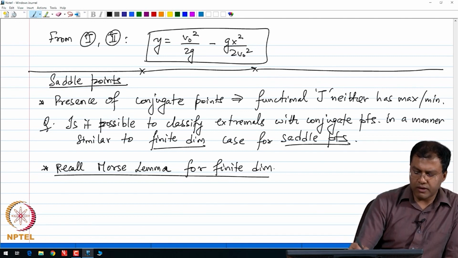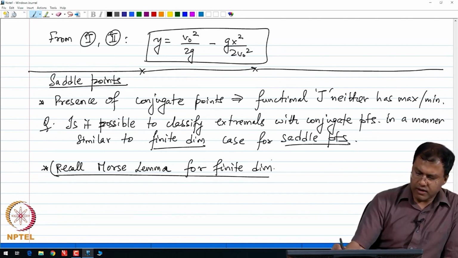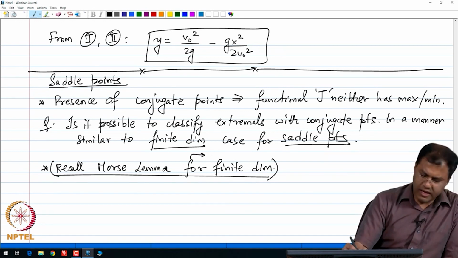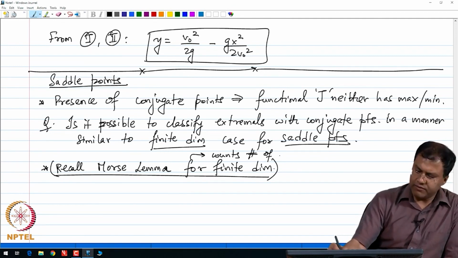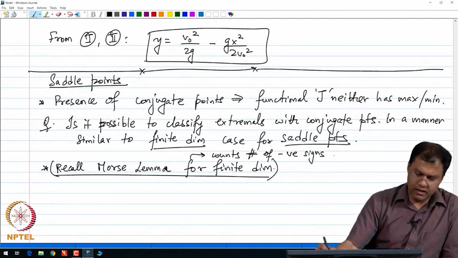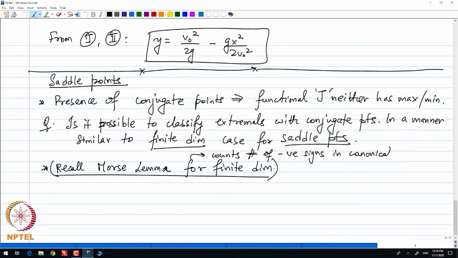So, what did Morse lemma used to do? It counts the number of negative signs in the canonical representation of f near the point x naught. Okay.